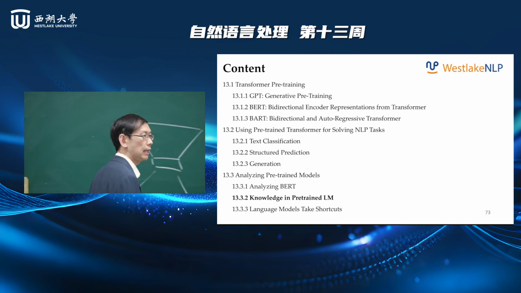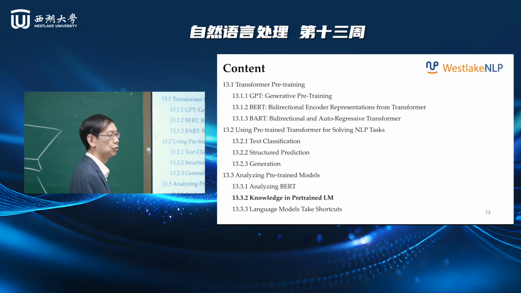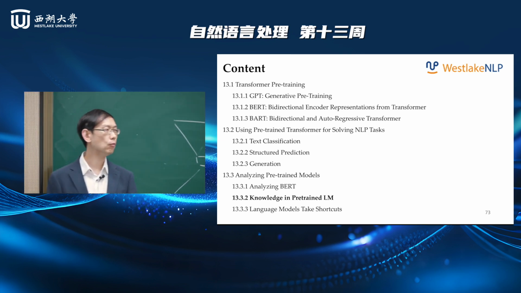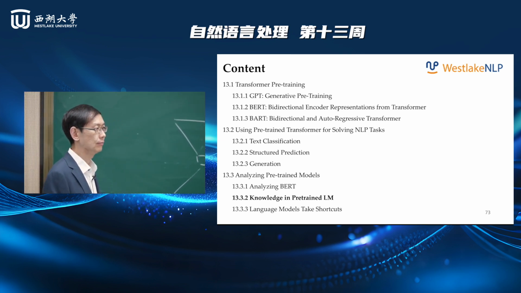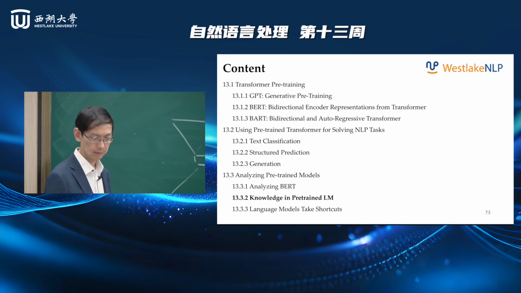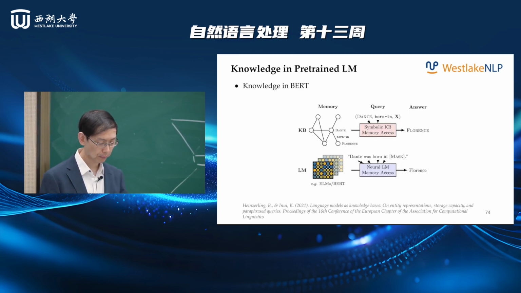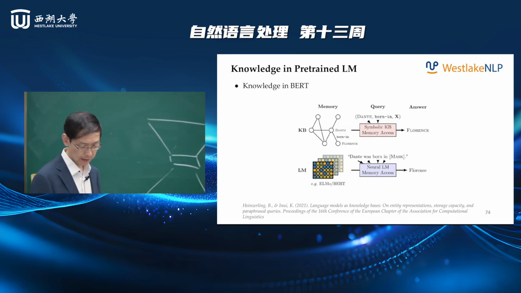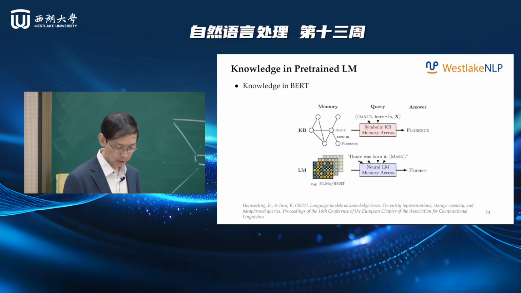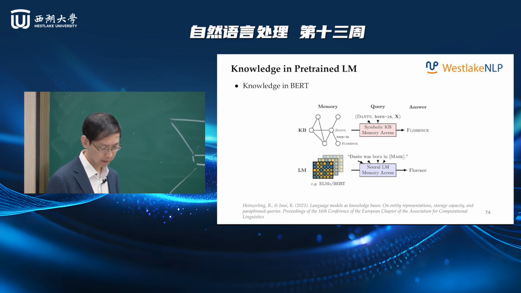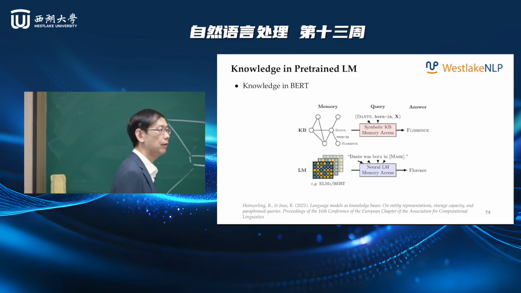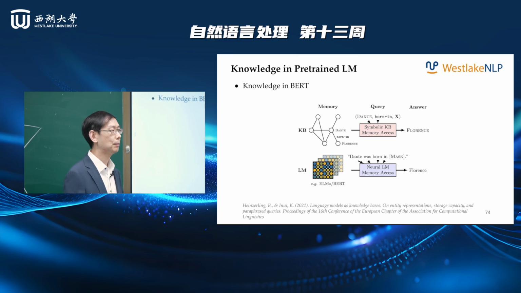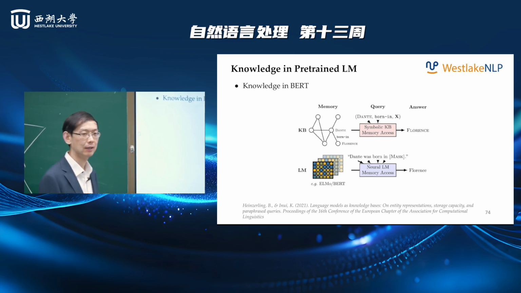But syntax and semantics are not everything we need to solve different tasks, right? Maybe these language models also contain world knowledge. And maybe they can do more. So people also try to probe whether there is world knowledge in BERT. Like if I say, Dante was born in where? If BERT can predict where Dante was born, then BERT contains Wikipedia knowledge, right?